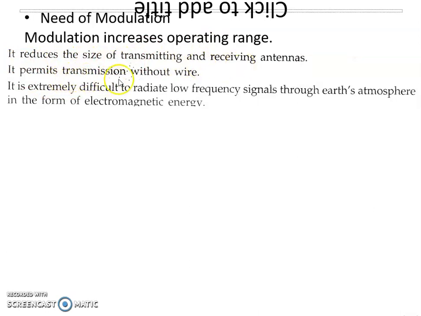It permits transmission without wire, and it is extremely difficult to radiate low frequency signals through the Earth's atmosphere in the form of electromagnetic energy. That is why, if a low frequency signal is to be transmitted through the atmosphere, it is mixed with high frequency signals, that is, modulated with a high frequency carrier wave, and then transmitted through the Earth's atmosphere.